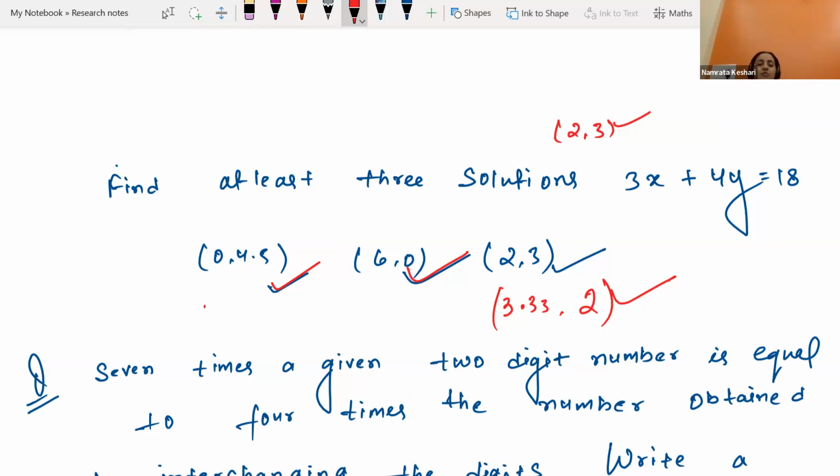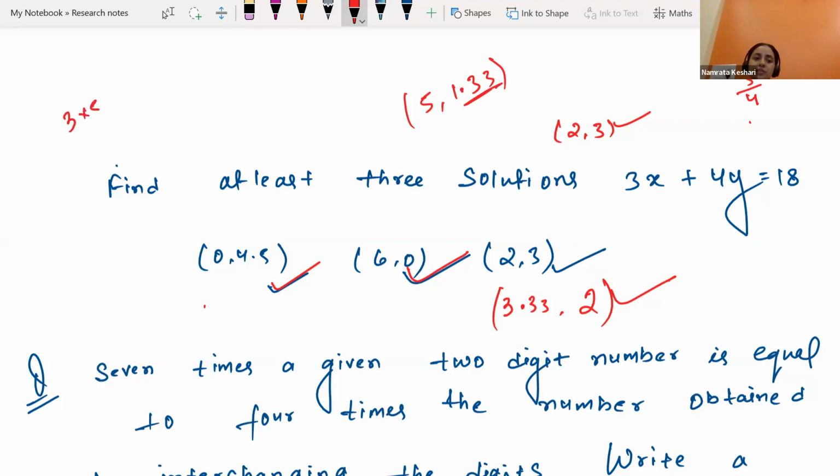Perfect. Then 5, 1.33. 5, 1.33 is not coming if we take x as 5.